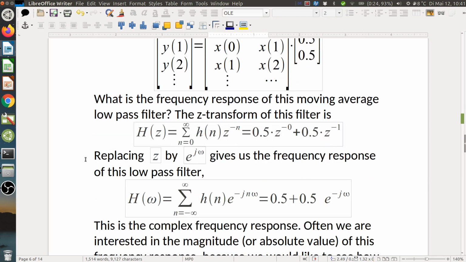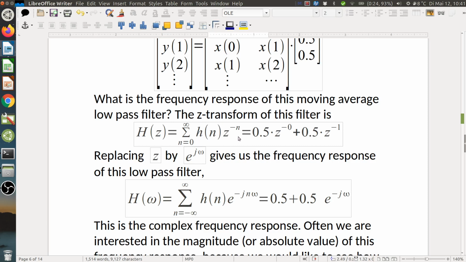So next let's take a look at measuring the frequency response, or computing the frequency response of this moving average filter. We can simply now compute the z-transform of the impulse response, the coefficients. Right, here you can see it. Here's the z-transform of our coefficients h of n.